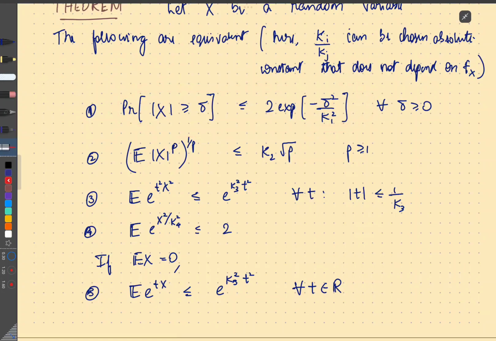So if I know that x1 through xn are Subgaussian, then I also have a tail bound on any linear combination of these random variables, even if they are not independent of each other. So right now we've gone beyond what the standard Chernoff bounds can do. Chernoff bounds can only give me exponential tail bounds for sums of independent random variables. But now even if they're dependent, I do have a tail bound.